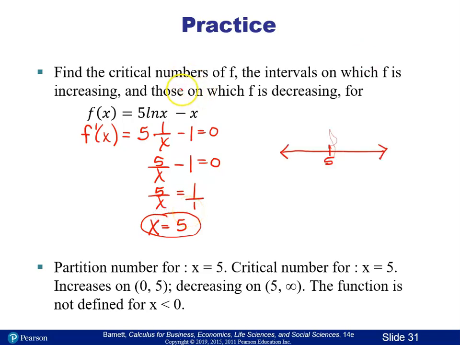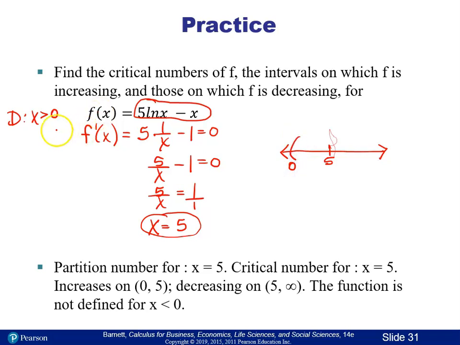We do also need to keep in mind that when we look back at our original function here, we see that the natural log is not defined for negative numbers, so our domain is simply x has to be greater than 0. So we're not going to be able to go past 0 here.